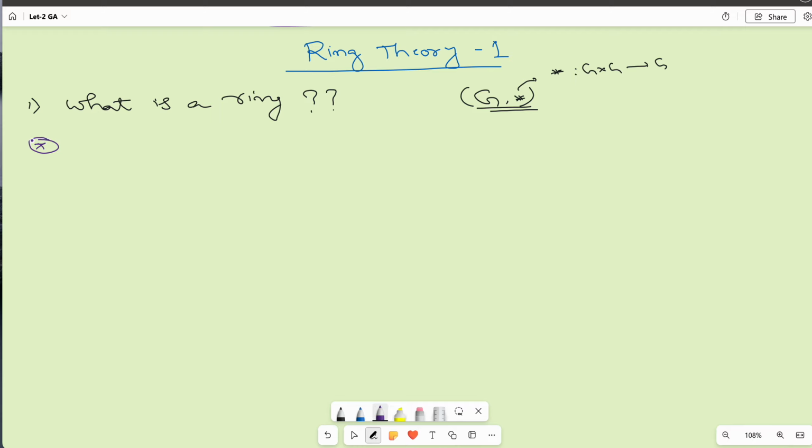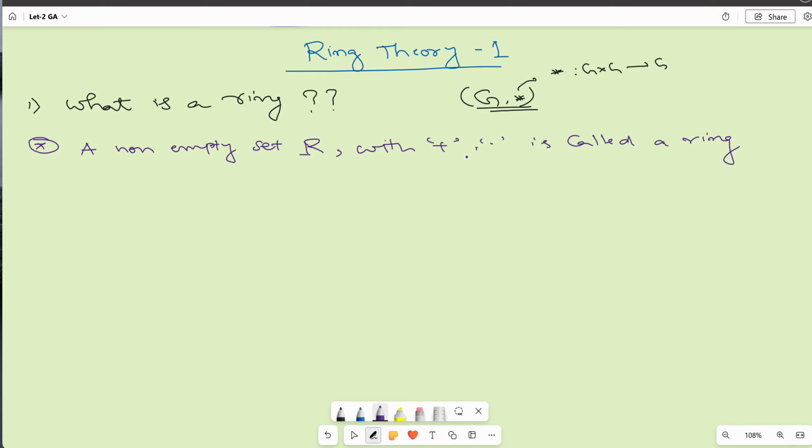The definition: a non-empty set R, and this is not the real number R, this is just a set R, together with two binary operations plus and dot, is called a ring.